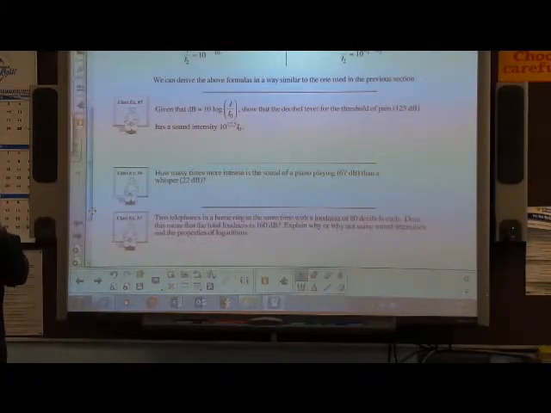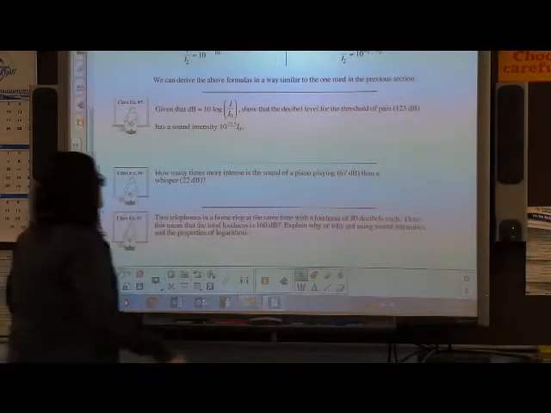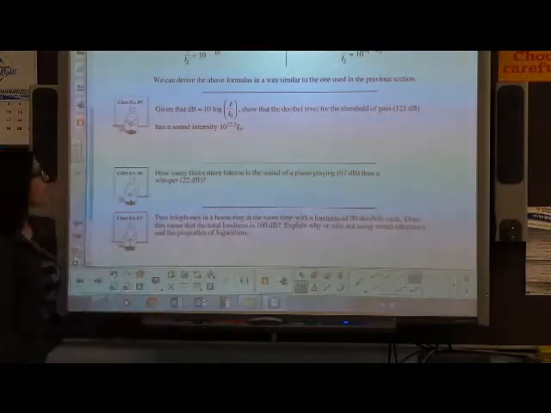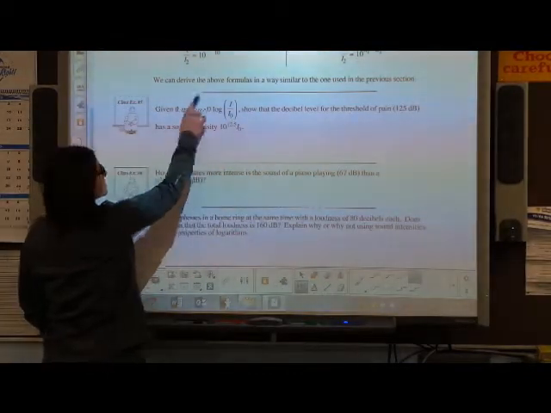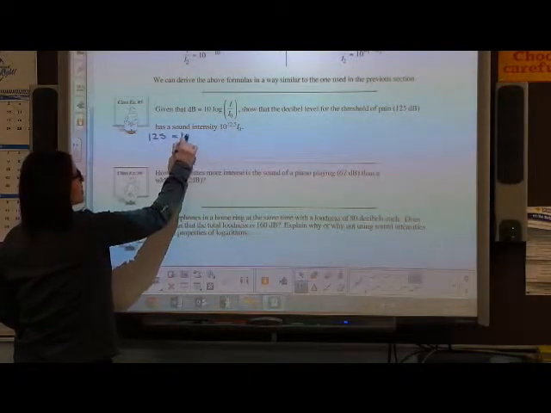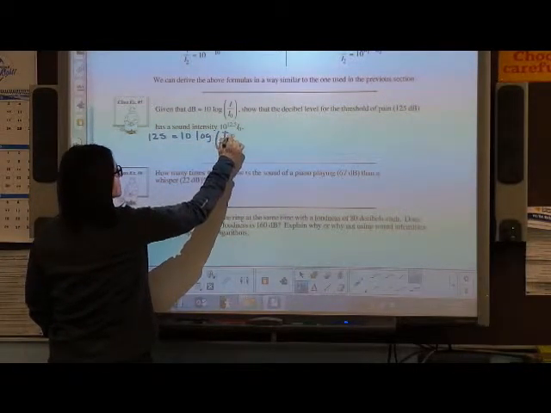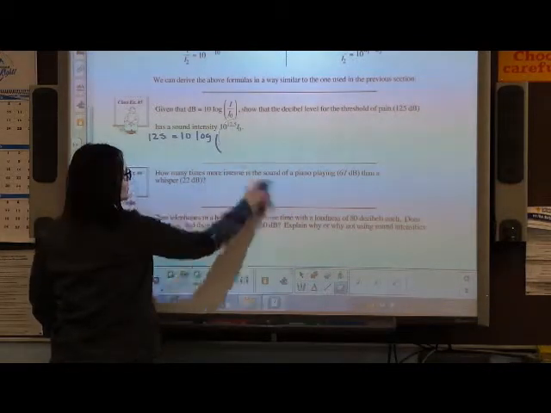So it says, given that decibel equals 10 times log of the intensities, show that the decibel level for the threshold of pain has a sound intensity of 10 to the power of 12.1 times the initial intensity. So if I use this formula, I have 125 decibels equals 10 times log of I over I0.